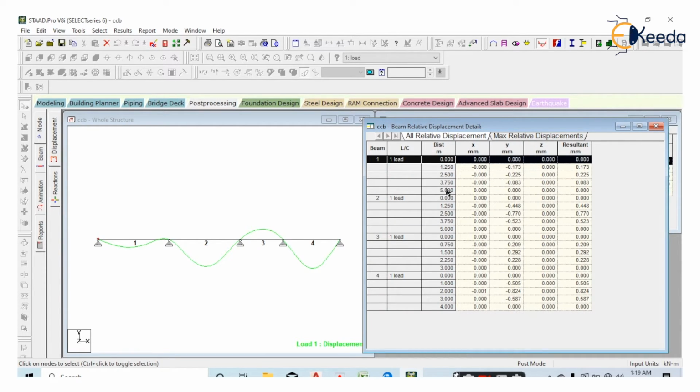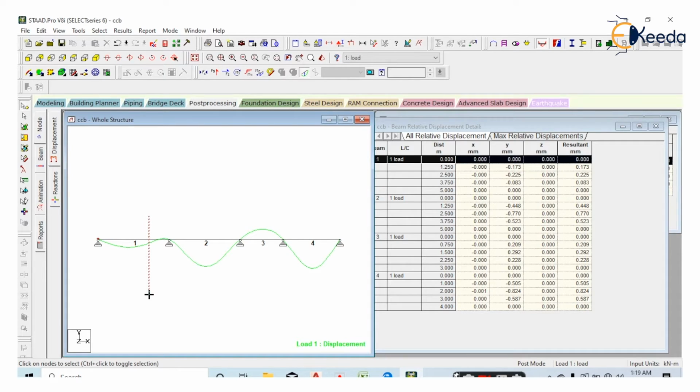Look at the 3.75 meter distance, which means somehow here there is a displacement of 0.083 mm. At the last point of the beam, there is no deflection at the 5 meter length, means the end of the beam. The last point of the beam, there is no deflection, which is 0, 0, 0. Okay.